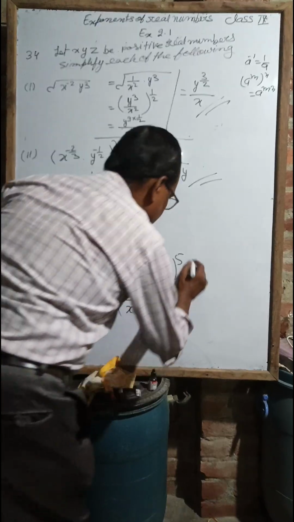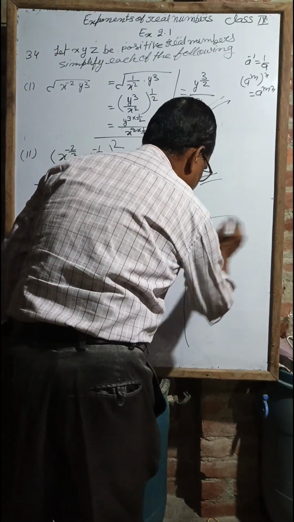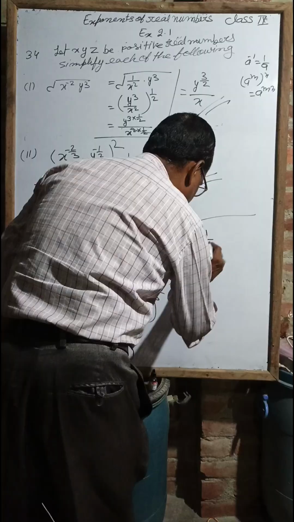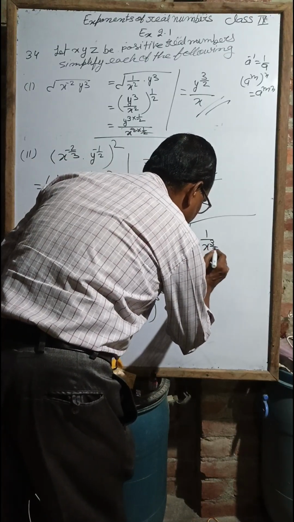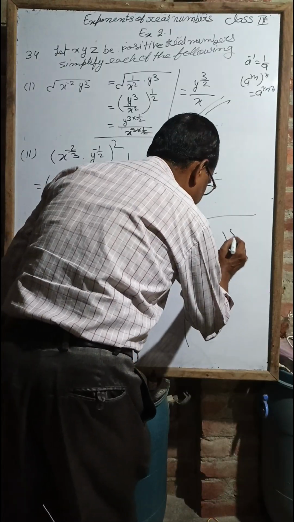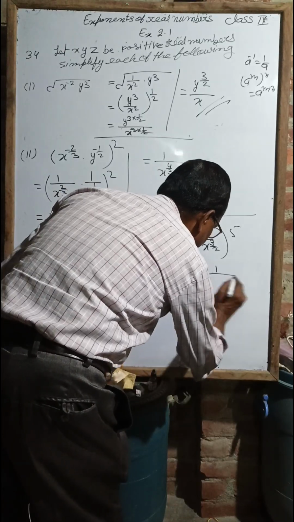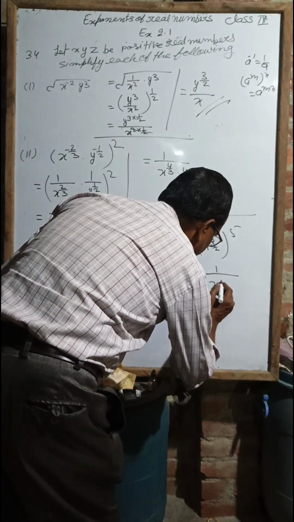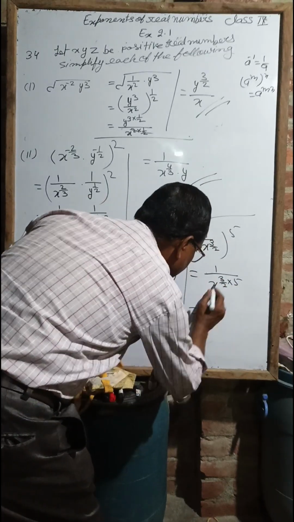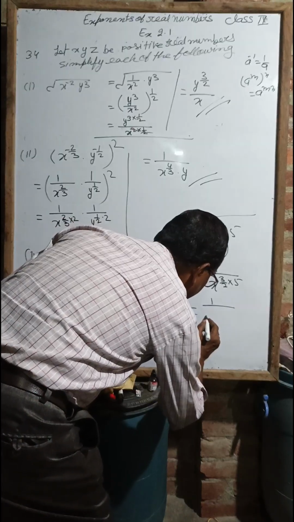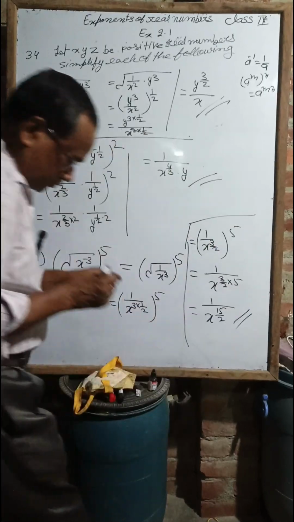Next question, square root x raised to the power minus 3. So this is equal to square root 1 upon x cube, whole to the power 5, is equal to 1 upon x cube times 1 over 2, whole to the power 5.